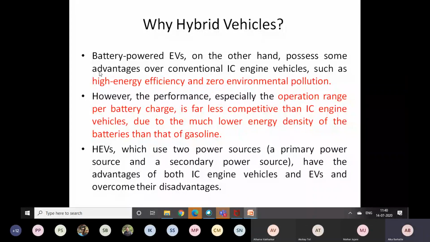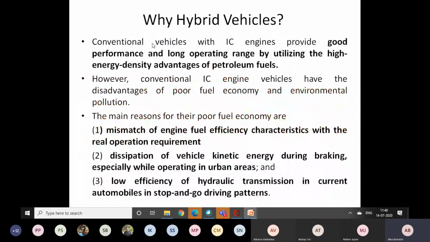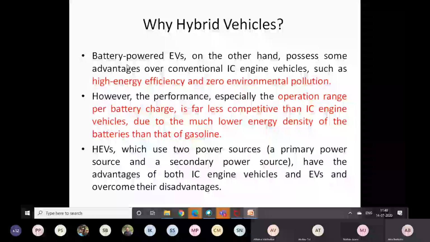So we have discussed the limitations of conventional IC engines. Now, what are the advantages of battery powered electric vehicles? They possess some advantages over conventional vehicles, such as high energy efficiency and zero environmental pollution.